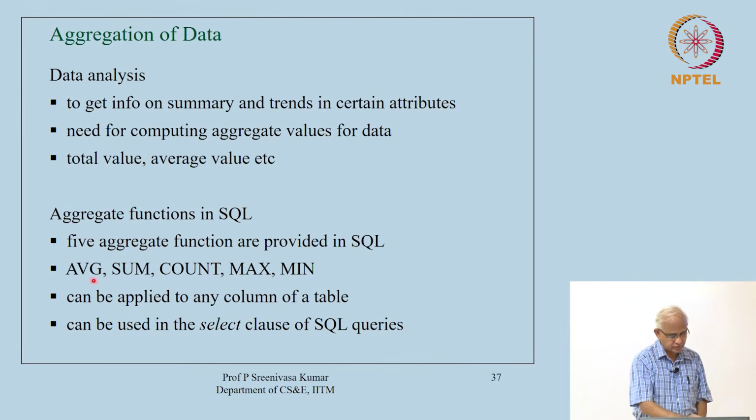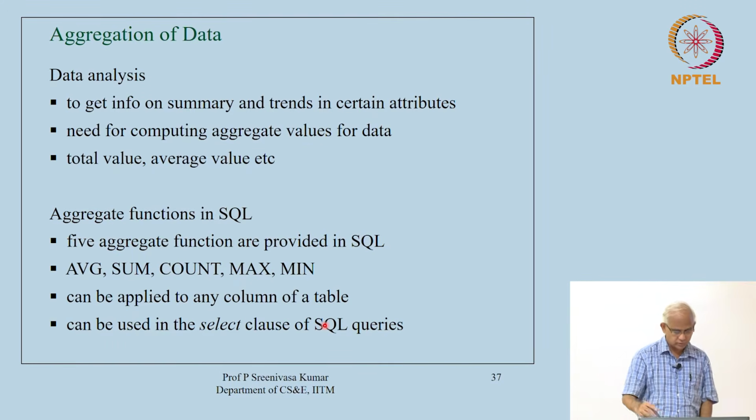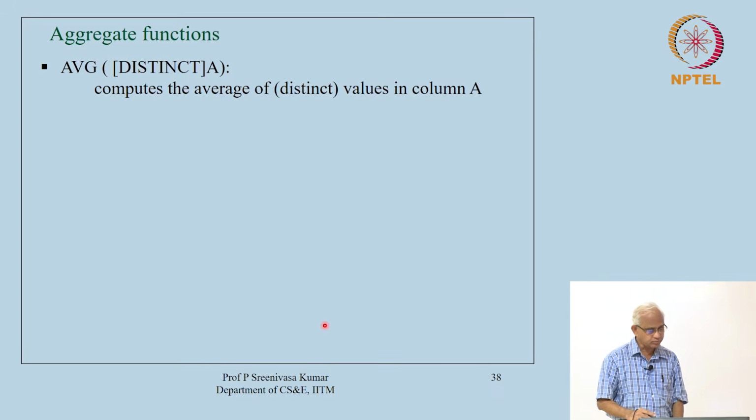So, in general these things can be applied to any column of a table, and then they are used in the select clause of SQL to report those values. So, we will see how exactly to use these features. Now, let me give you a little bit more about these aggregate functions.